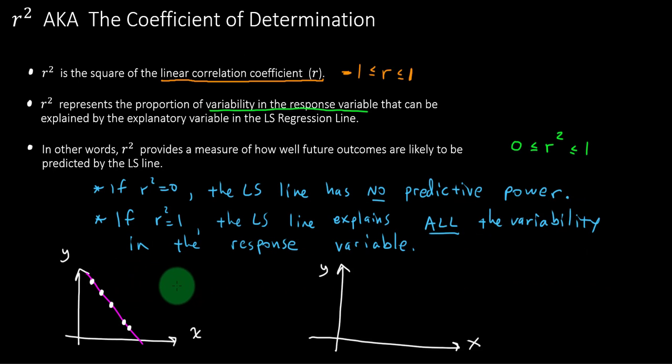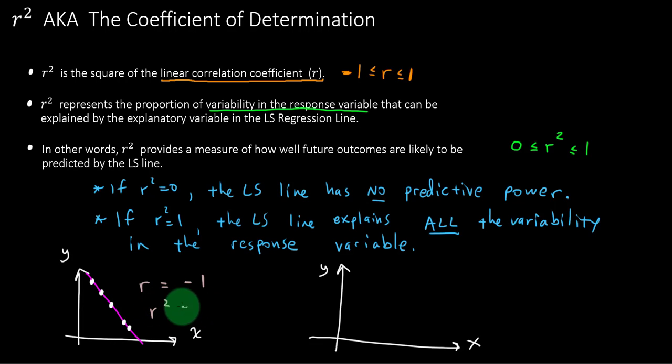Let's look at a couple limiting examples here. On the left, I've drawn a little scatter plot. Can you imagine what the correlation coefficient would be here? Is this a negative or positive correlation? Negative, right? And it's a perfect correlation. So this would be a -1.